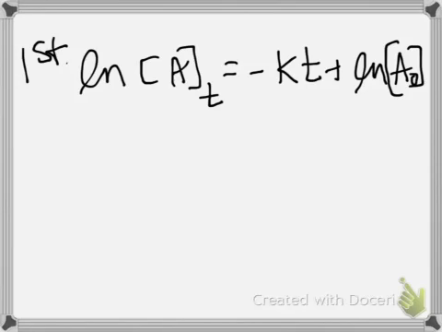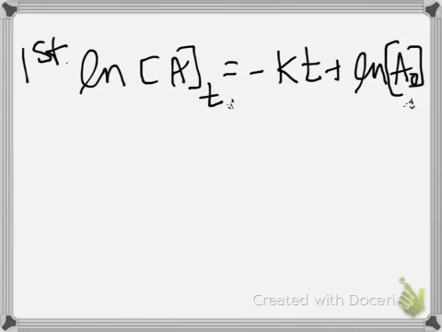The natural log of A after a certain amount of time t has passed is going to equal negative rate constant k, which must be given to you in the problem, multiplied by time. Make sure that you use time in the same units given to you in the rate constant, plus the natural log of the initial concentration of the reactant that's undergoing decomposition.